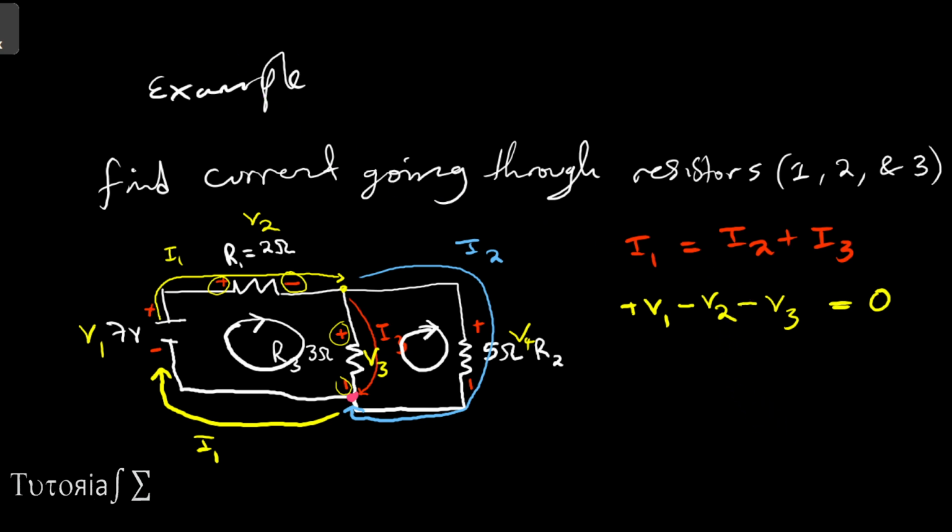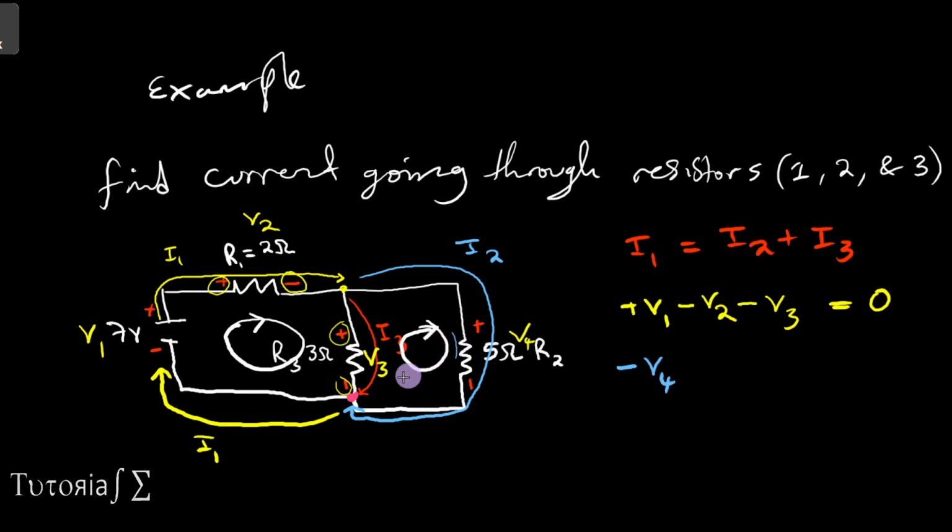Then we go to the second loop again. We can start from any point. So we are moving in this direction. So moving down here from positive to negative, that is a decrease. Big number to small number, that would be a decrease. So voltage 4 here will be negative. So negative voltage 4.